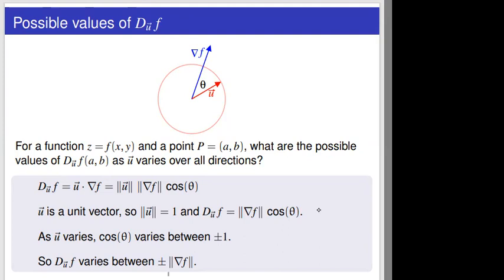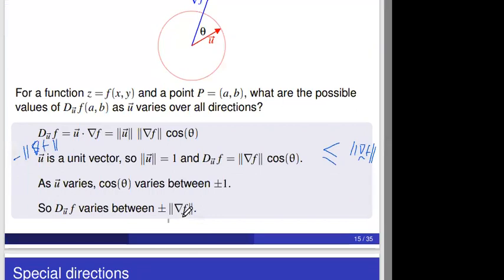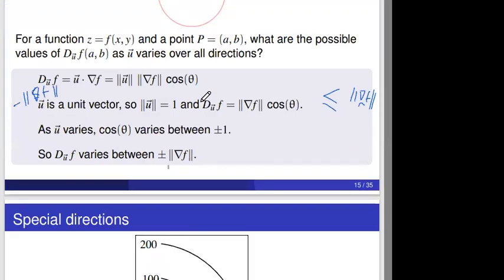Therefore, the directional derivative varies between where and where? Between the magnitude of the gradient of f and negative the magnitude of the gradient of f. So the directional derivative always varies between plus or minus the magnitude of the gradient of f. That is a very good concept, right?